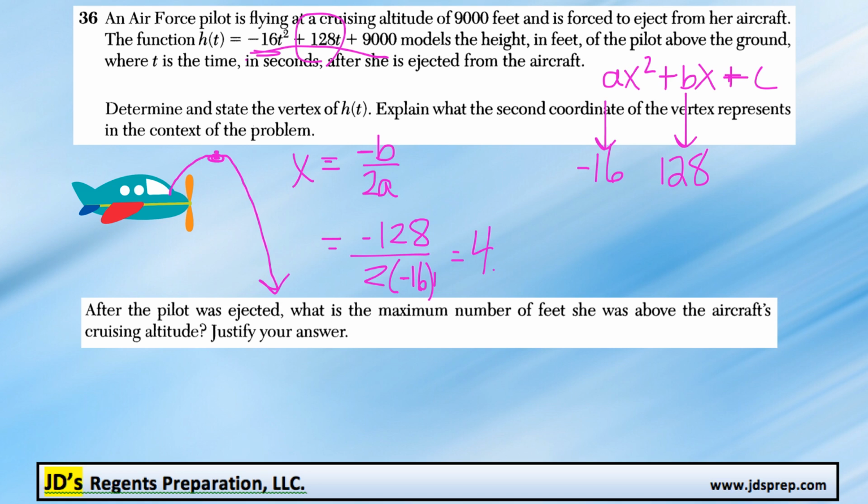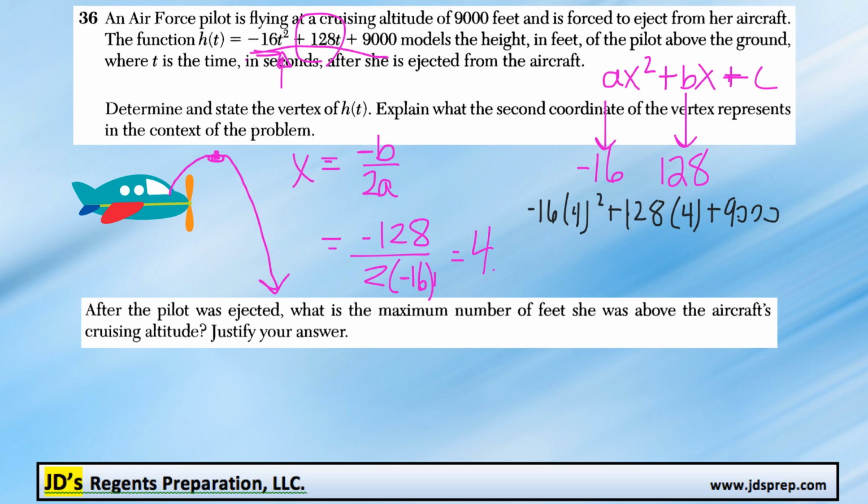Now, to find out the y value of our vertex, we simply need to plug that value in. Now, of course, it's not actually an x, it's a t in this situation. So we're going to find the height by taking negative 16 times 4 squared instead of t, plus 128 times t, which again is 4, plus 9,000.